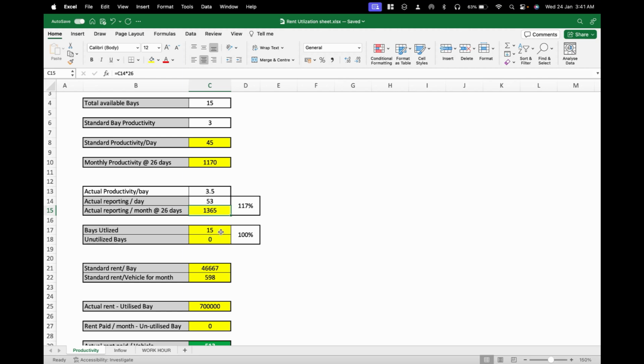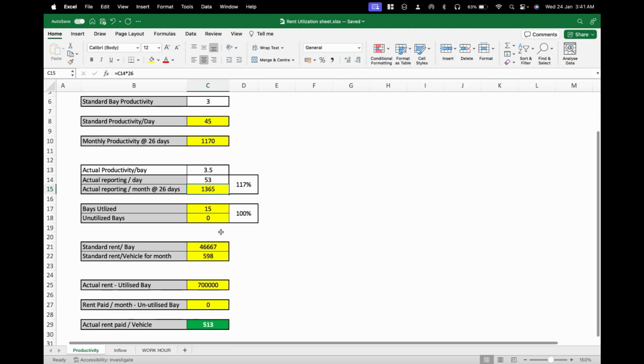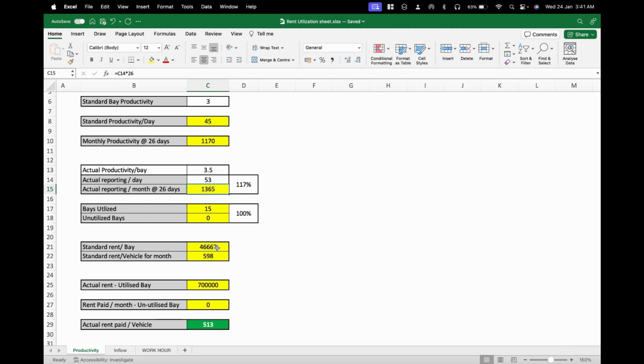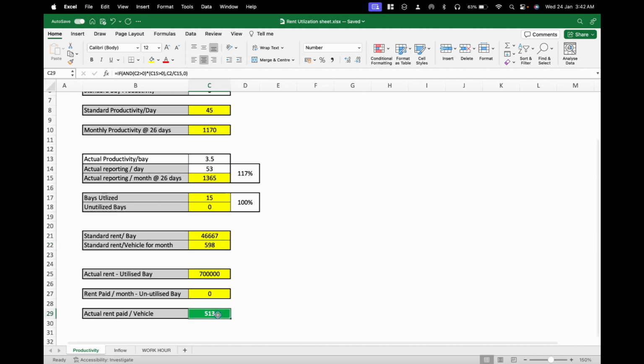All 100% of the bays are being utilized. The standard rent per bay, which we assumed as per 3 cars per day per bay, was 598 rupees per vehicle, and it has come down to 513 rupees per car.